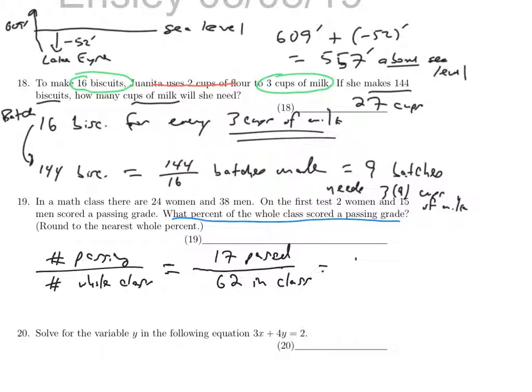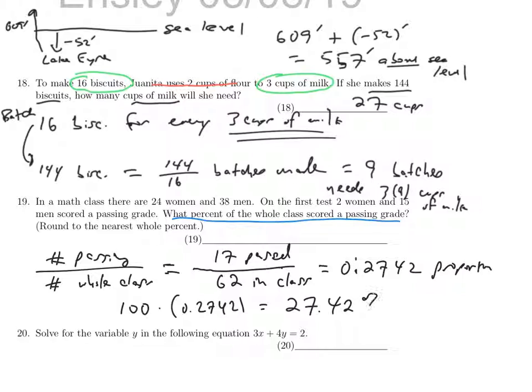And as a proportion, that is 0.2742. Give myself a few decimal places. That's my proportion. I need to multiply that by 100 to make it a percentage. So that's 27.42%. And they ask for just the nearest whole percent. So my answer would be 27%.